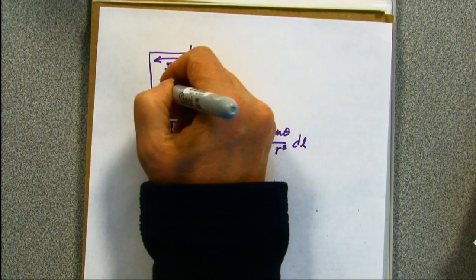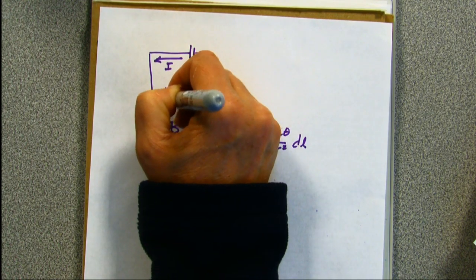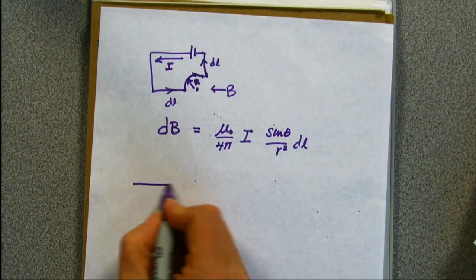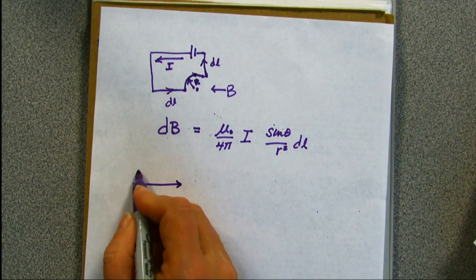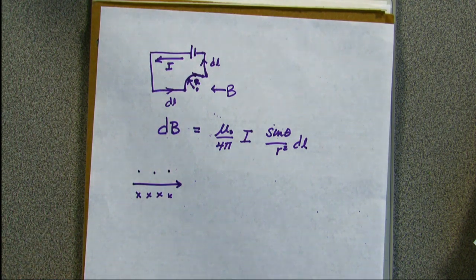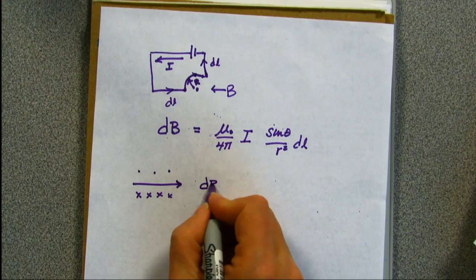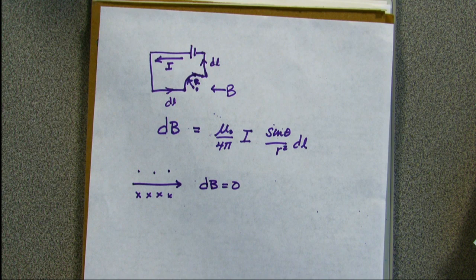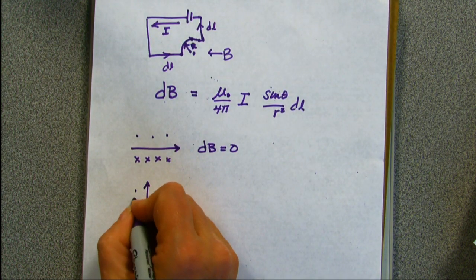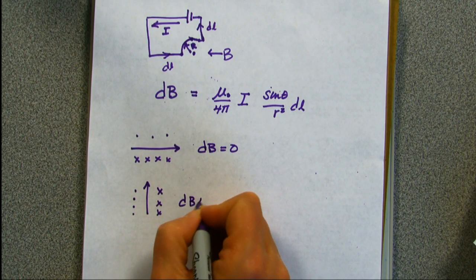If I look at this dl and this dl, and then the dl that goes around there, this one, if I'm doing it this way, that says dB is equal to 0 for that one. If I'm doing it this way, dB is equal to 0.